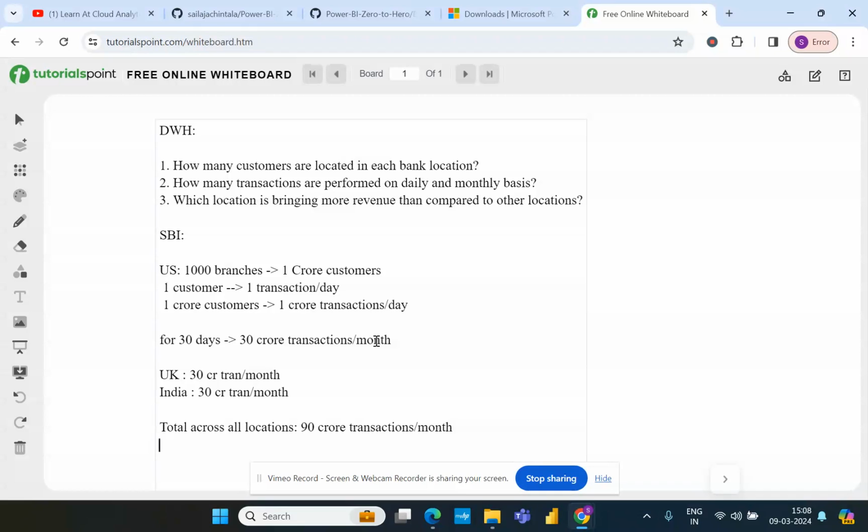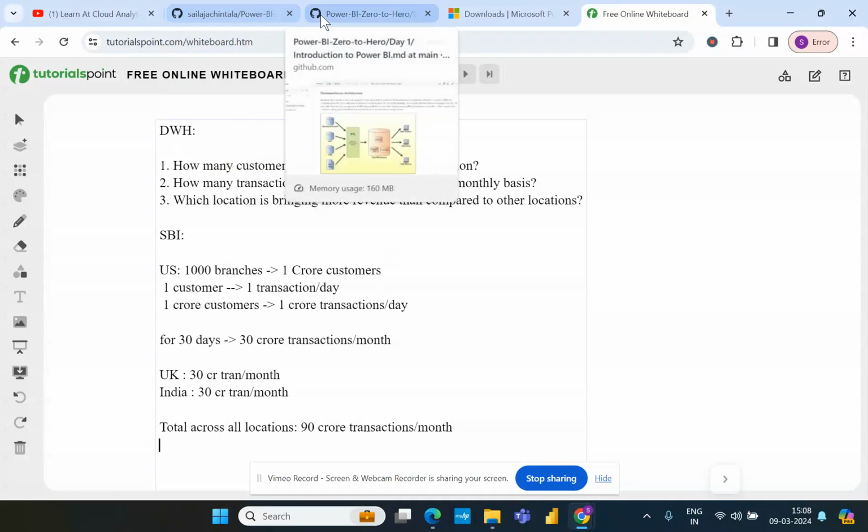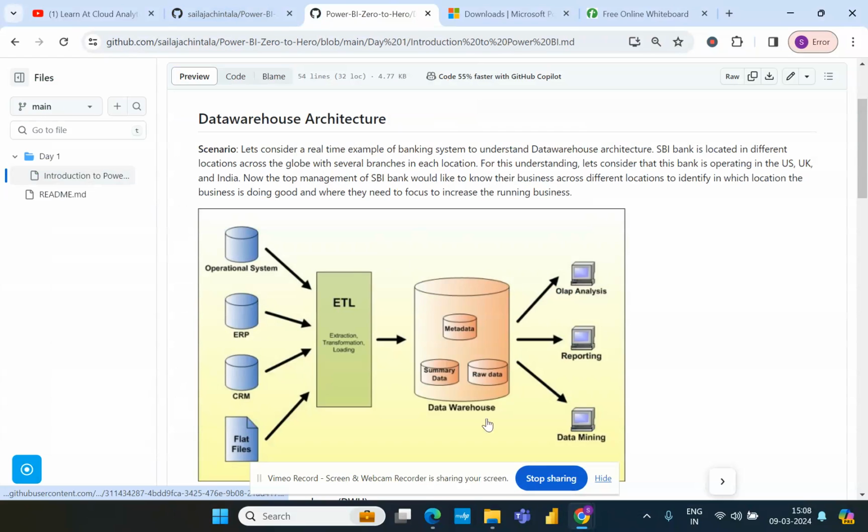They would try to adopt this new technology within their banking system to help ease out the calculations of all these assessments needed for the management. So that's where exactly the data warehouse architecture comes in.